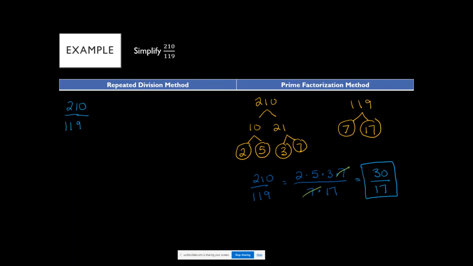Like I tried 5 in both. Okay, so let me try 6. 210 divided by 6? Yes, but does 6 go into 119? No. So then you have to do 210 divided by 7. Does 7 go into 119? Yes. So you have to try multiple times, and it takes a while.